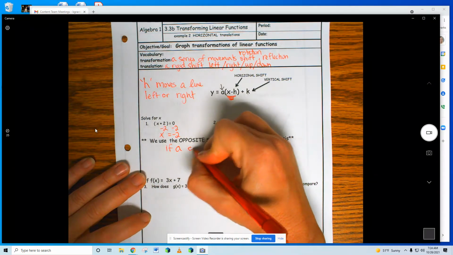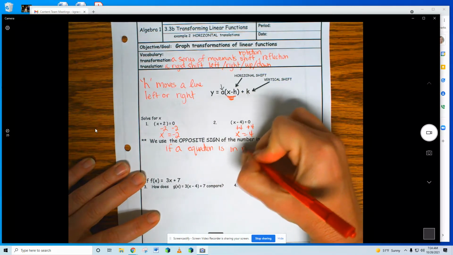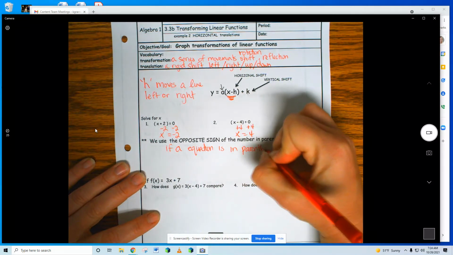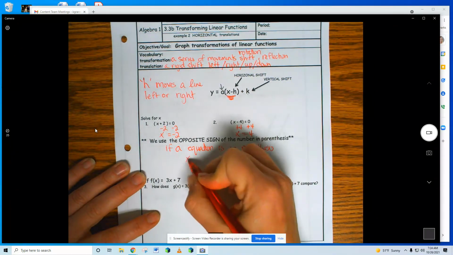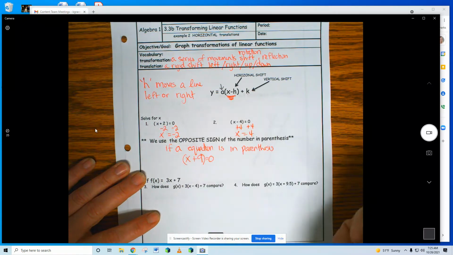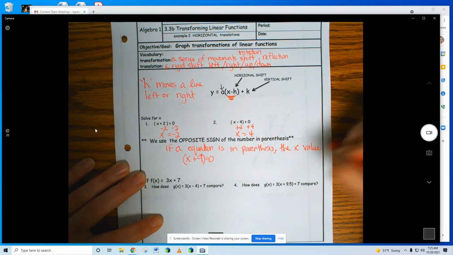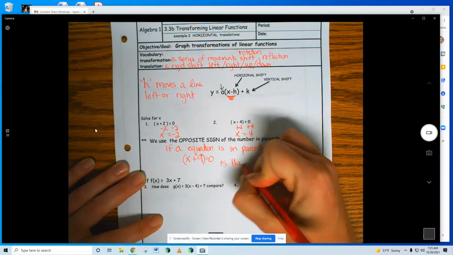If an equation is in parentheses, and a really easy equation like x plus 9 equals 0, and the x plus 9 is in parentheses, the x value is the opposite sign.